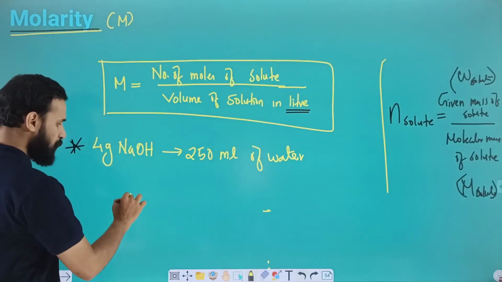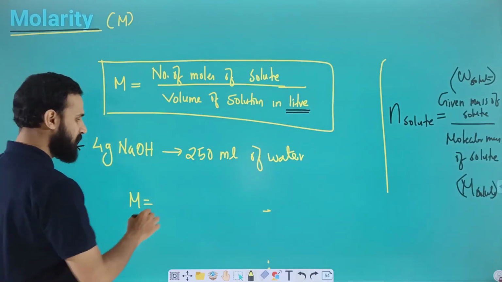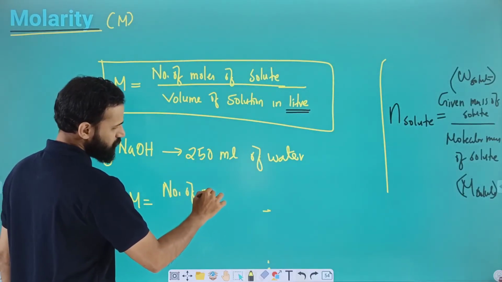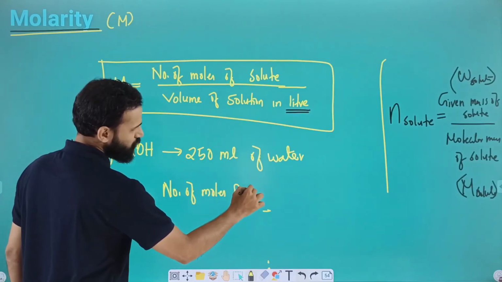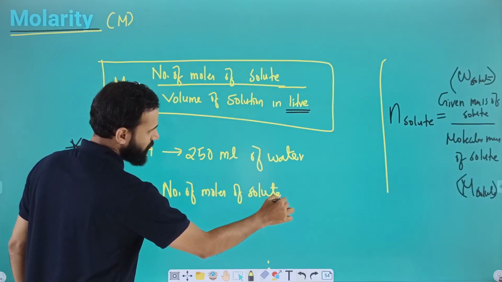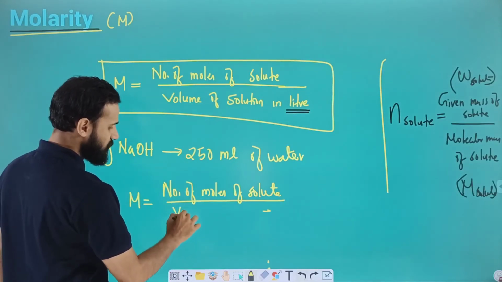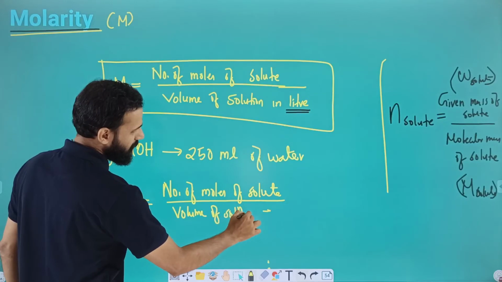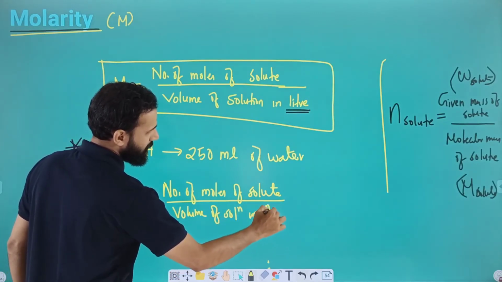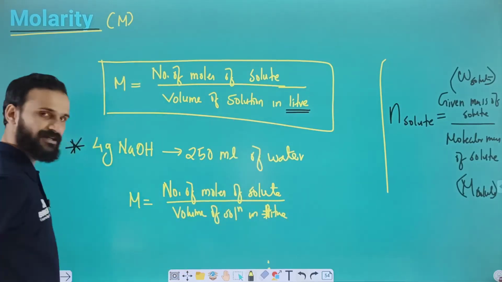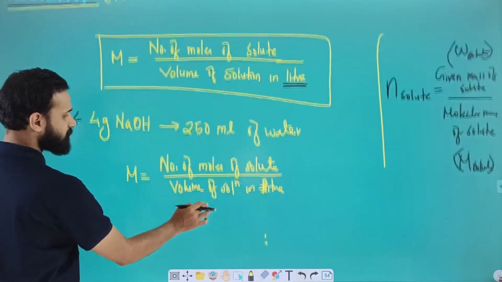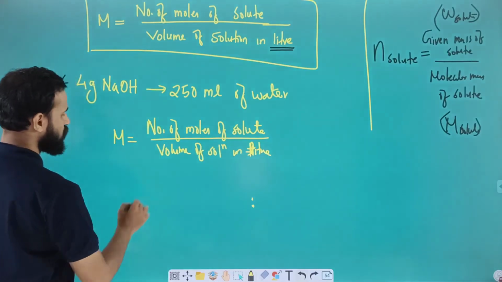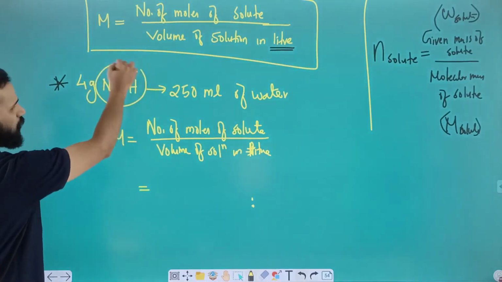Molarity is equal to the number of moles of solute divided by the volume of solution in liter. This is the equation, isn't it? Here the solute is NaOH, sodium hydroxide.